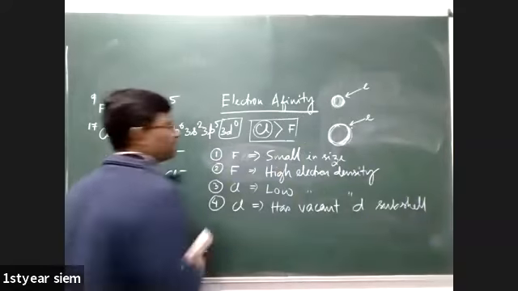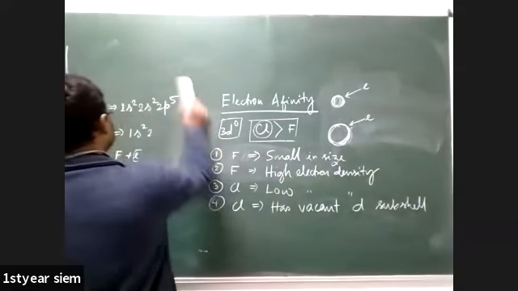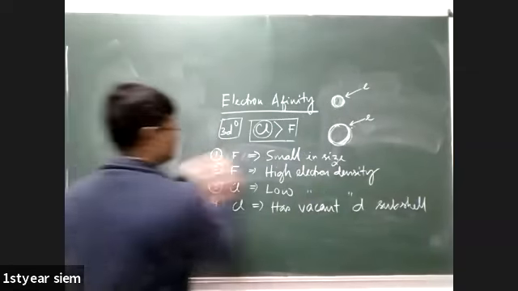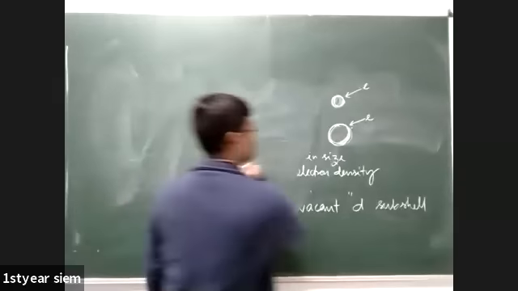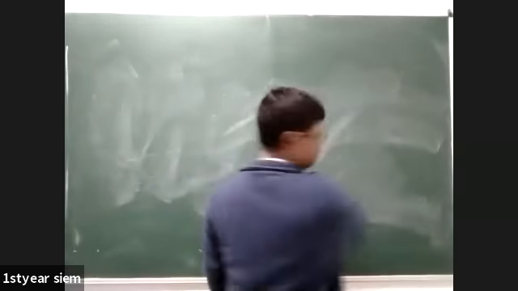So the probability of accepting an electron by chlorine is greater than fluorine. Clear? Yes, sir. Okay.